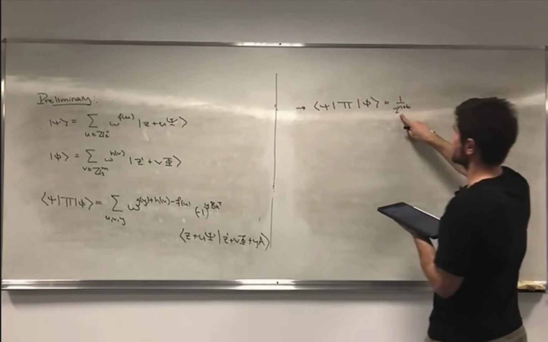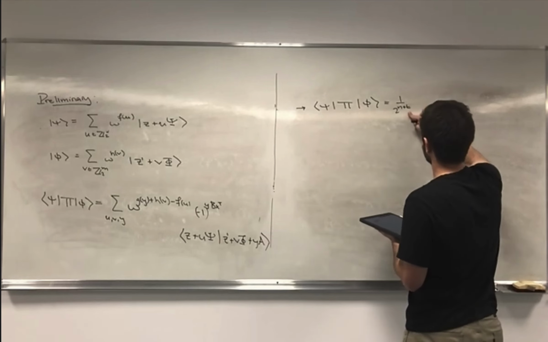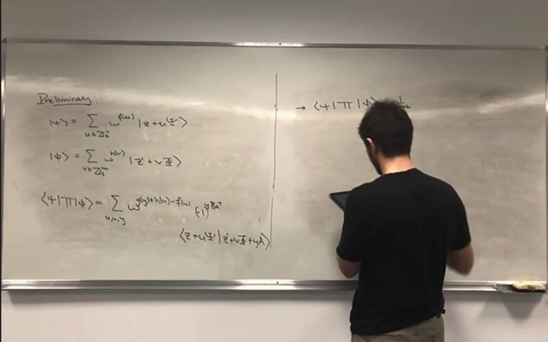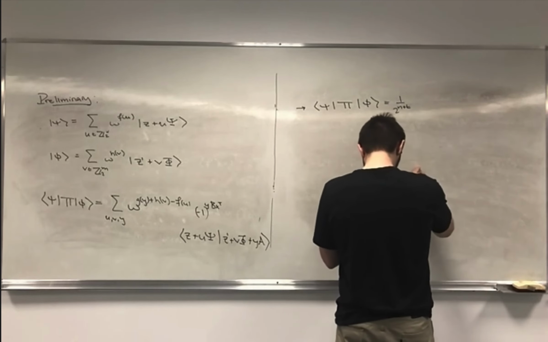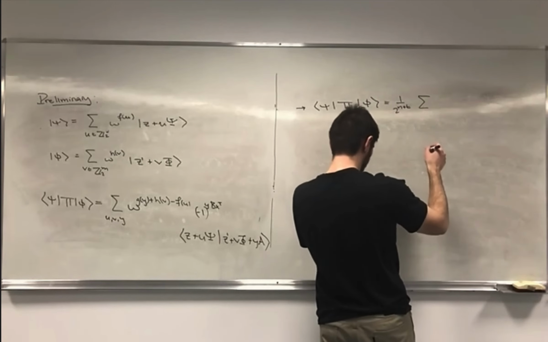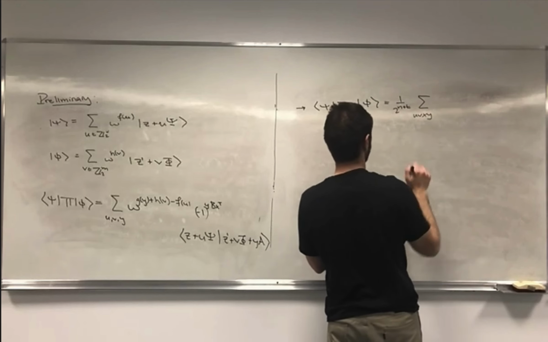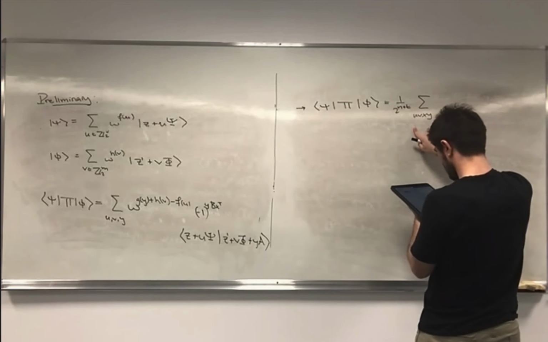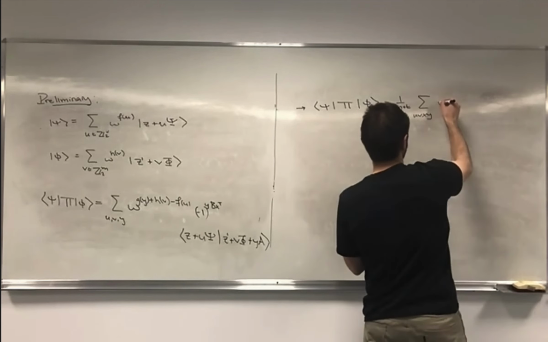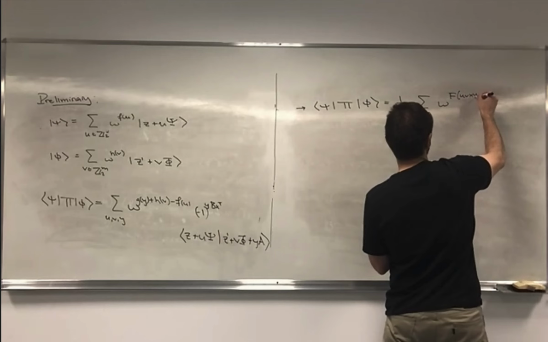One of these is coming from the action of this projection, and then another one is coming from the identity that I wrote down before. And I have a sum over u, v, x, and y. These are all bit strings. Omega of f of u, v, x, and y.